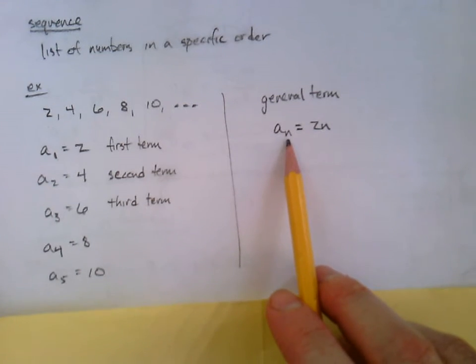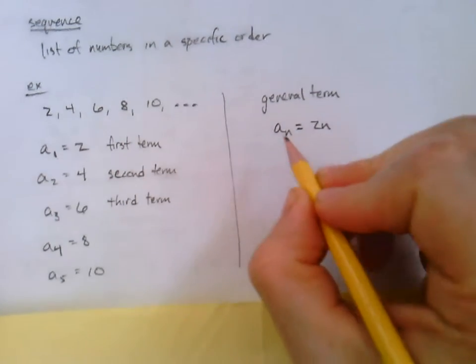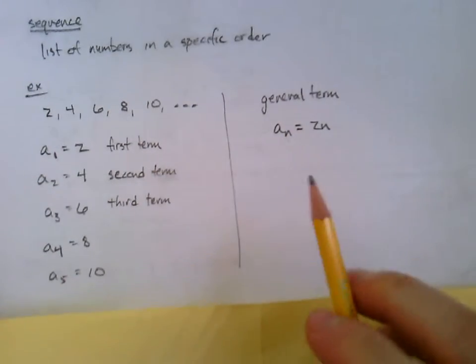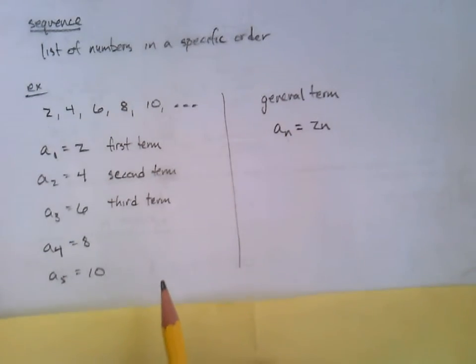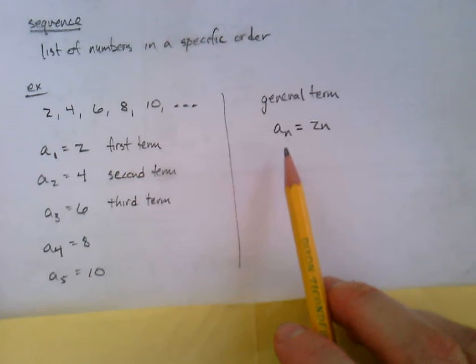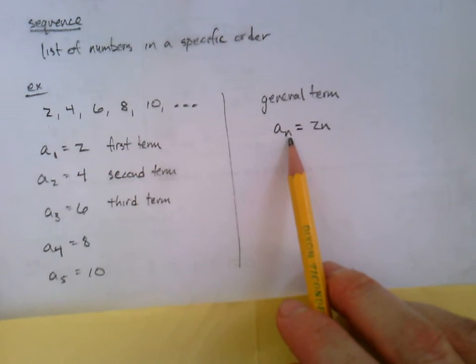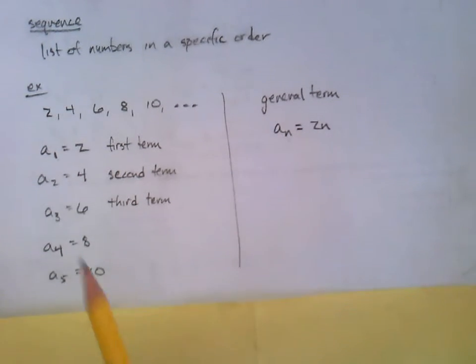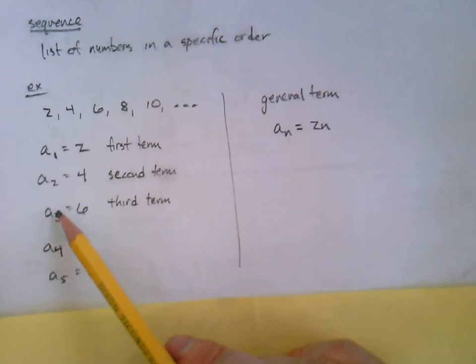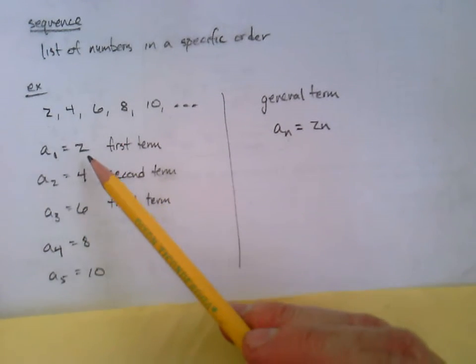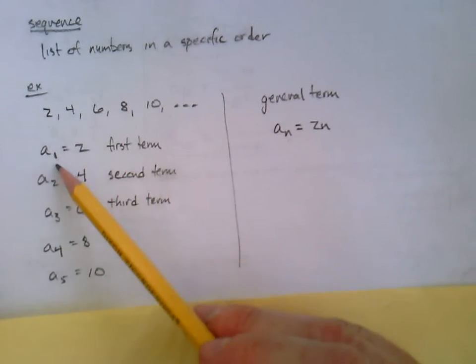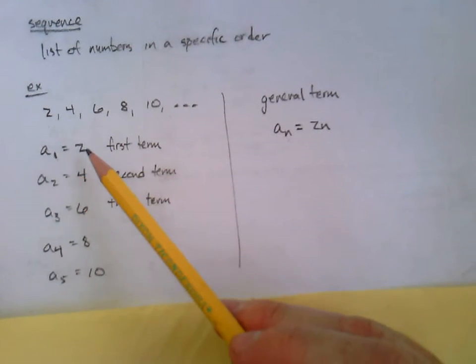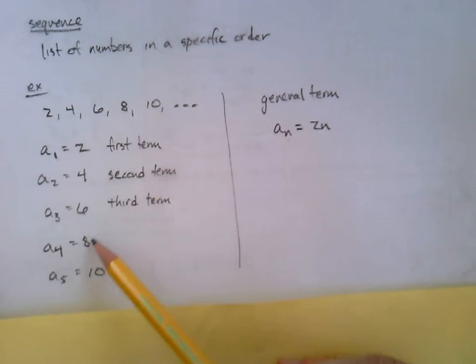So we call it a sub n, all right? Sometimes you hear it called the nth term, or the general term. A sub n, so depending on what number we see here, right? That's the 1, the 2, the 3, the 4, the 5. How do we come up with a formula that takes that number to generate these numbers?